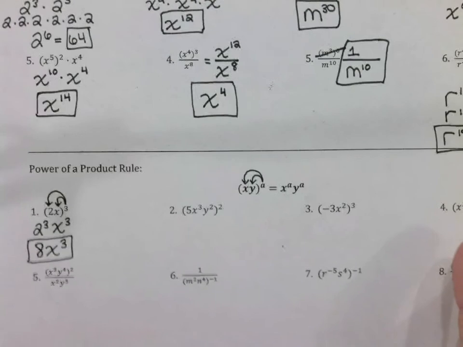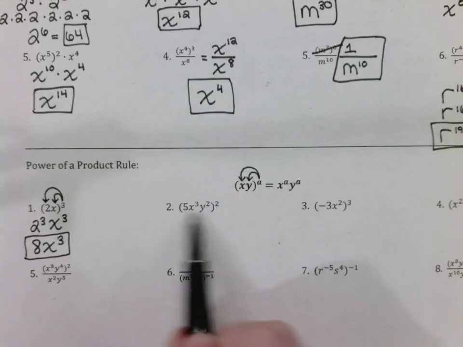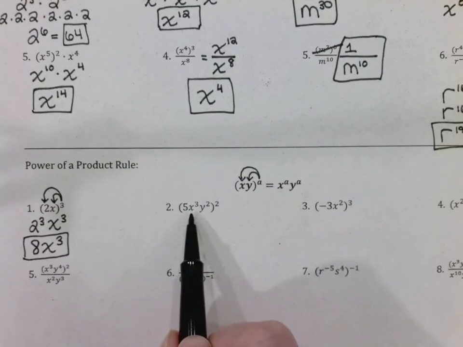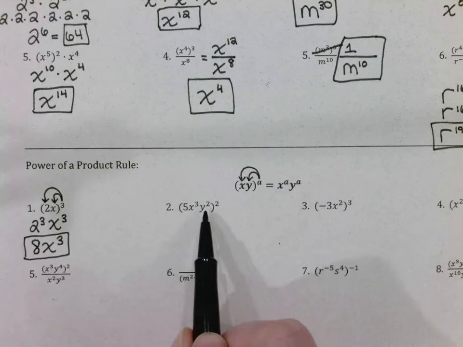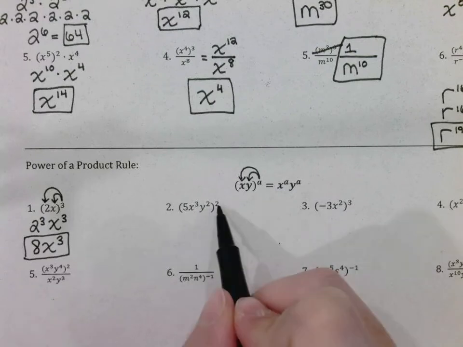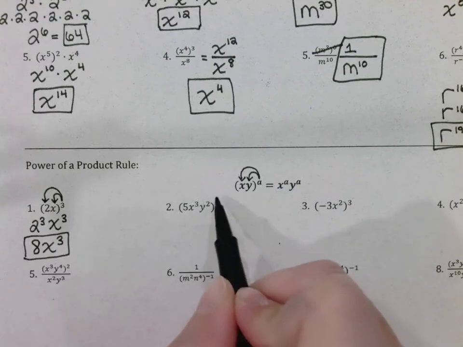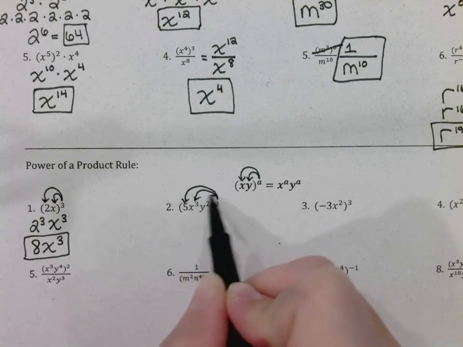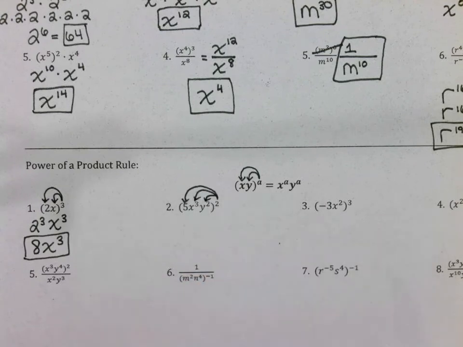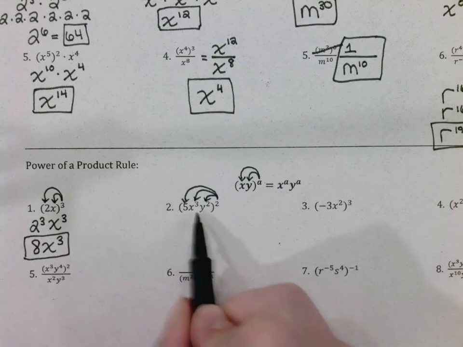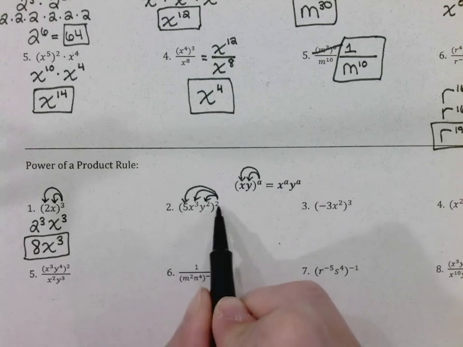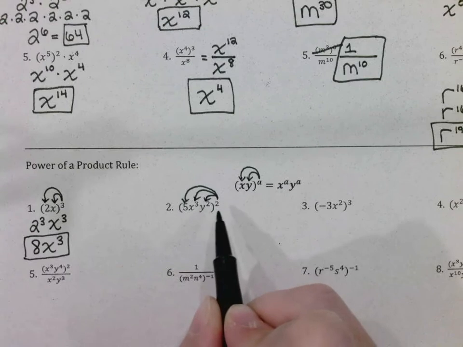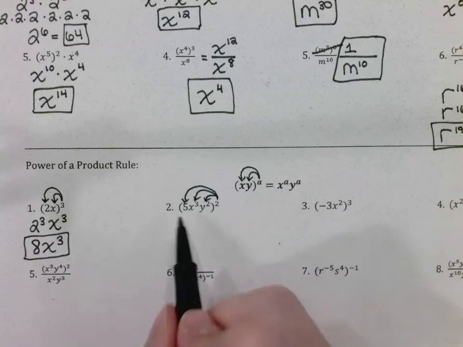Moving on to number 2. So now on the inside here we have a coefficient, a variable of x, a variable of y. It works the same way that we have to take this outside exponent and apply it to the 5, the x, and the y. And so be careful here, because if we're raising an exponent to another exponent, like we are on the x and the y, we're going to multiply those exponents.